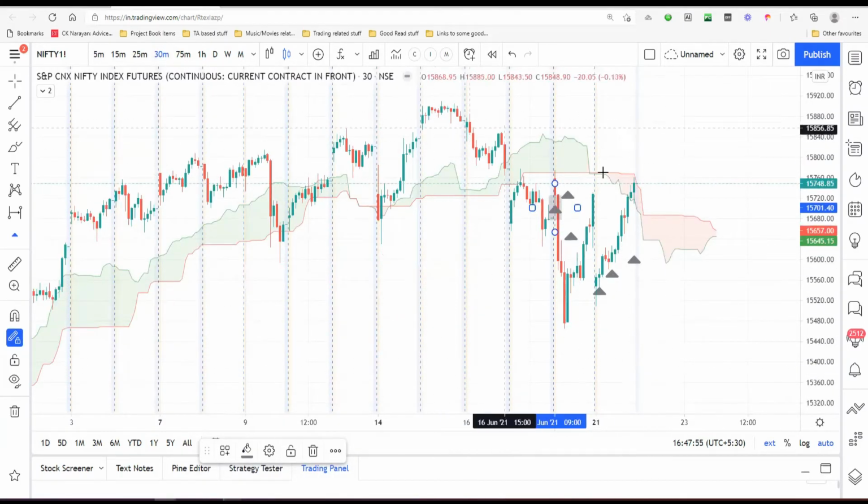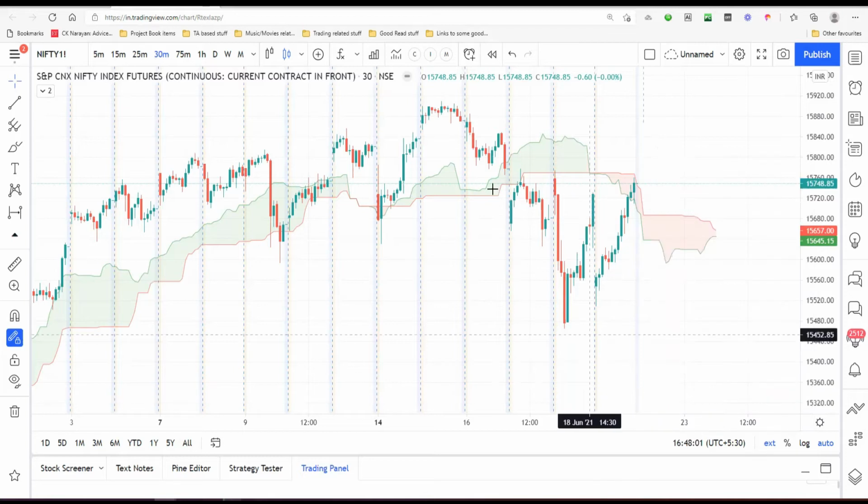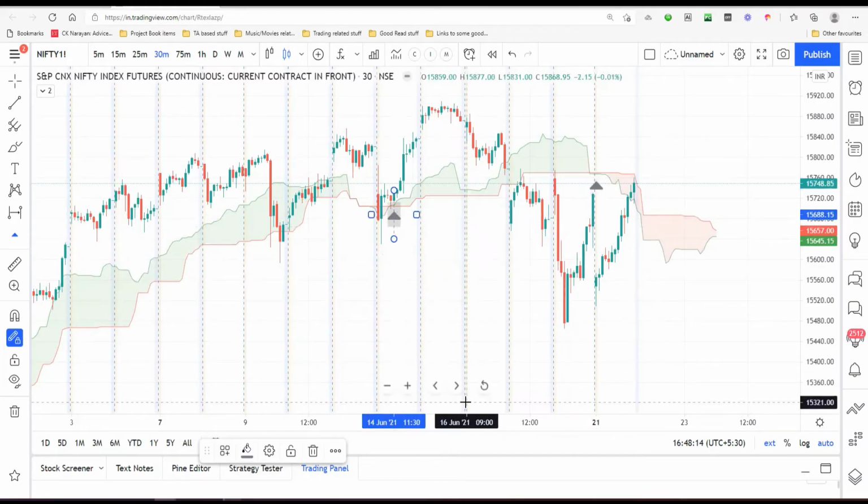Here they all fall apart, and you may have to look at a Kumo twist happening here. This is the one to the downside which happened, and that is still in force. And then here is one which happened to the upside. So in a 30-minute chart, for the past few days, it just came down to about 2 occasions when you had a Kumo twist.